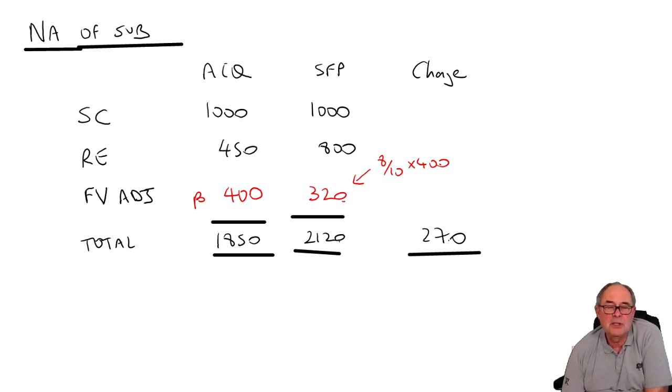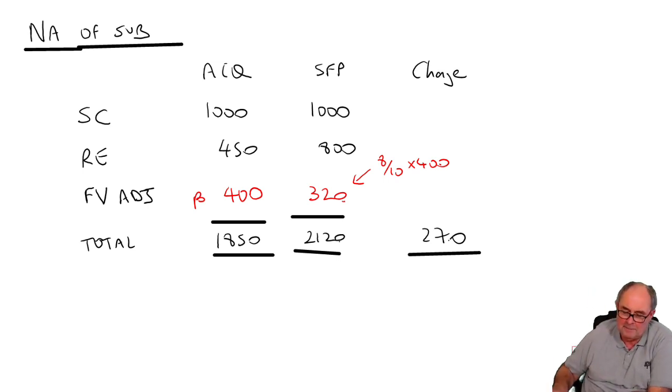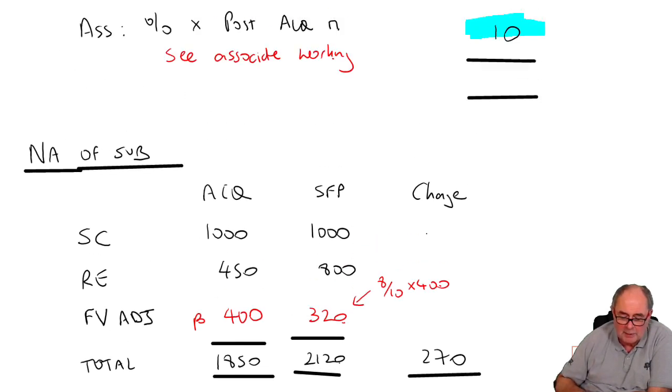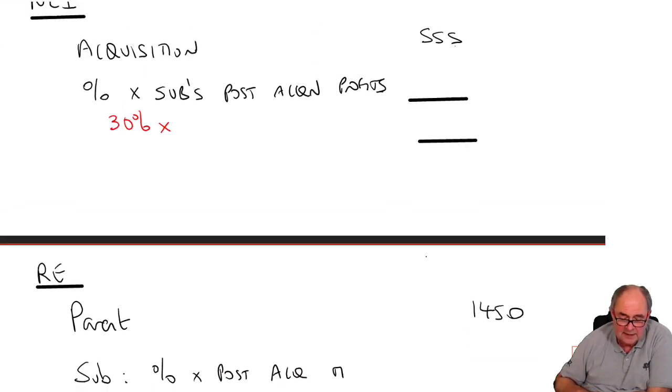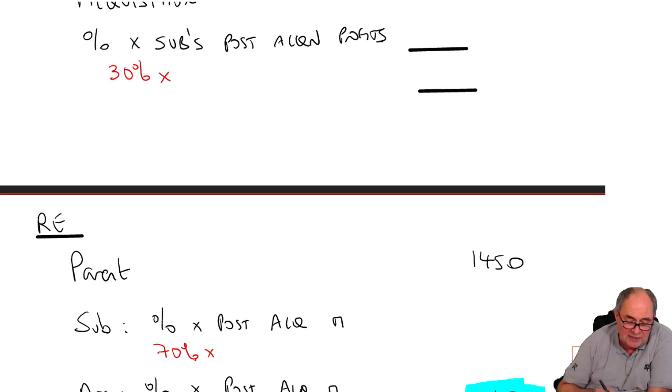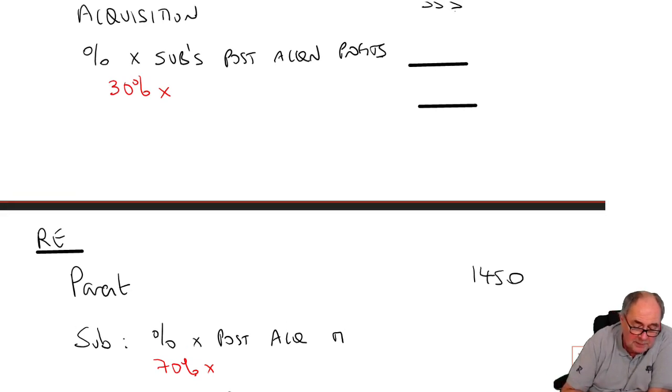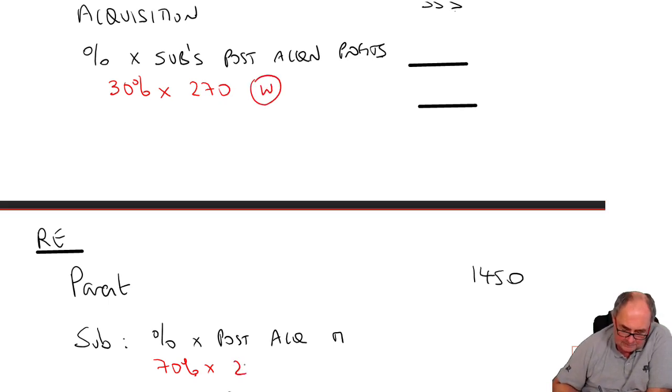This examiner does not give half marks. So if you've got the approach right, you'll get a mark. And if you haven't, you won't get a mark. And it's not worth 15 minutes worth of effort. So that was worked out in a working. So the 270, it would be good to indicate you got it from a working, so they think you haven't just made it up.